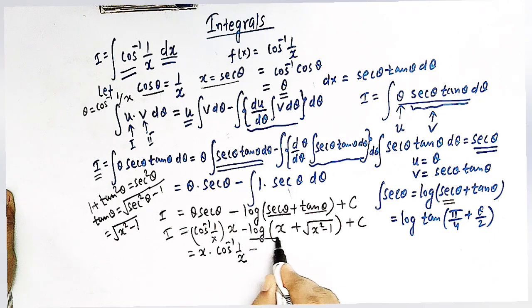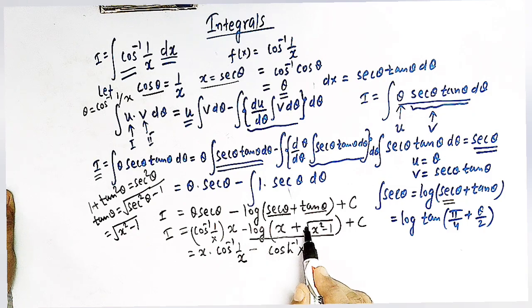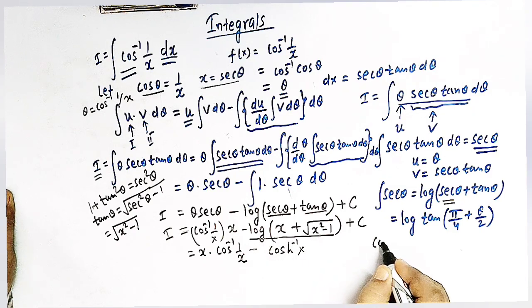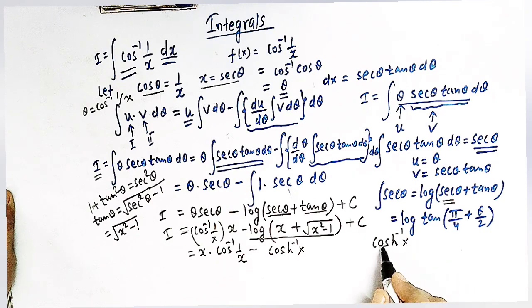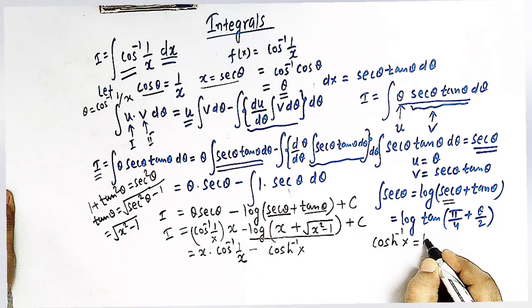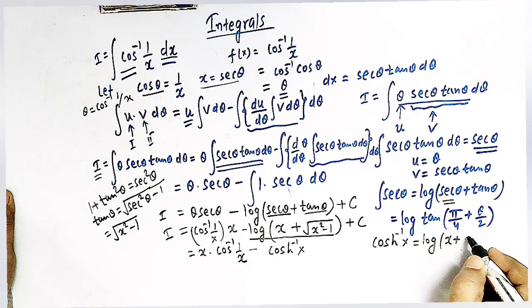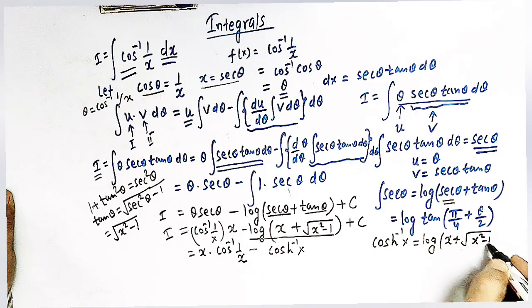For this term, we can use the inverse hyperbolic function, and we know that the inverse hyperbolic function of cos x, that is cos h inverse x, is equal to log of x plus square root of x square minus 1.